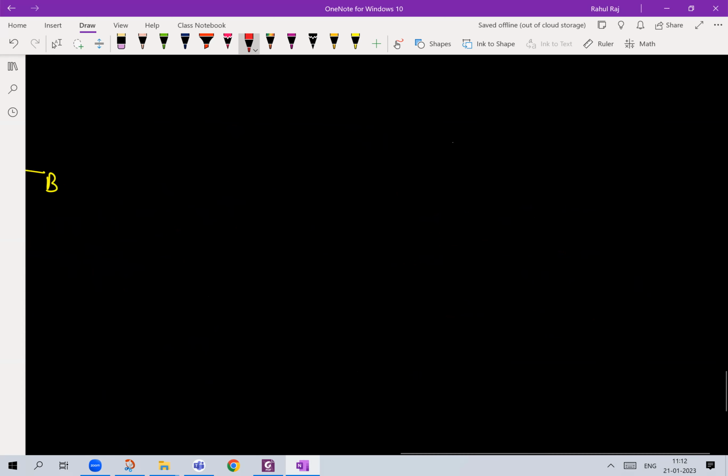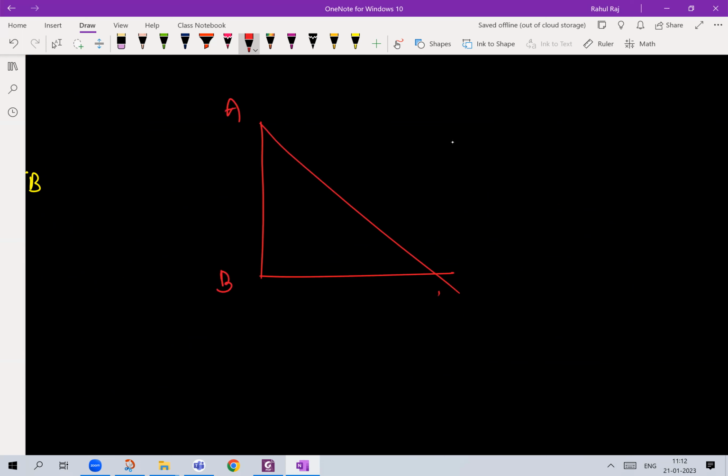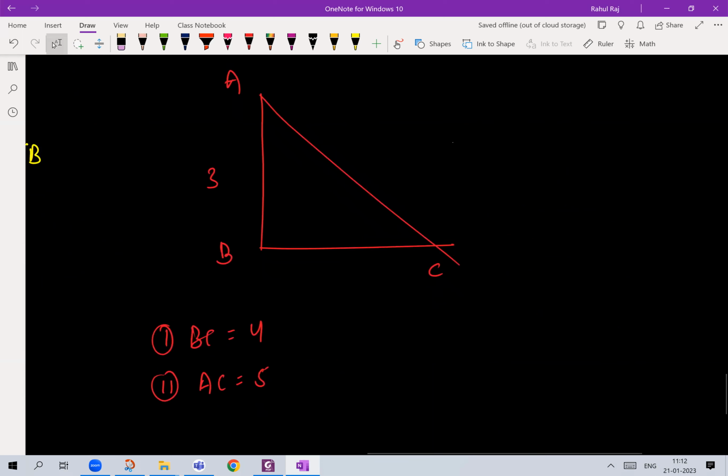Imagine, simple. Let's say this is 3, 4, 5. Let's not confuse here. This is A, this is B, and this is C. Let's say this is 3 given to you, right? Now, option number 1 says BC is equal to 4, and option number 2 says AC is equal to 5. Agreed? No, I understood the solution part of it, I just don't know which option to click. I'm just telling you.